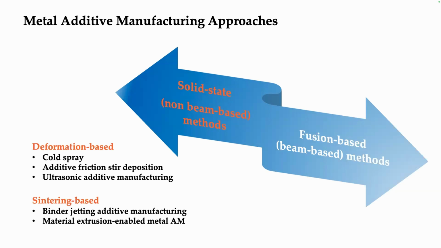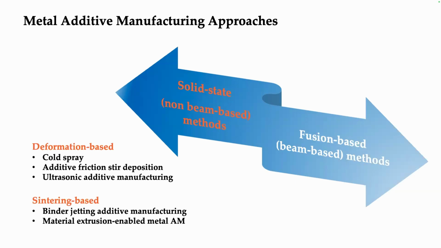Deformation-based means that they are relying on severe plastic deformation to rupture the intrinsic oxide layer around the metallic surface of the feedstock and bond them together. And the sintering-based ones are leveraging the atomic diffusion that is induced by reduction of the oxide layer on the surface of the metallic material.